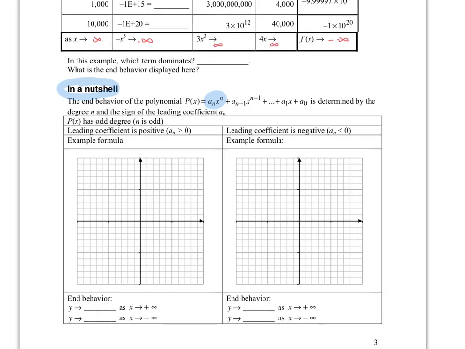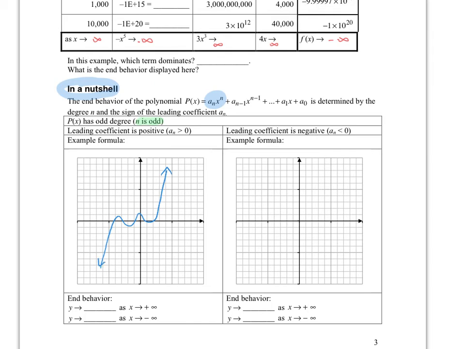If n is odd, so that's the first part you should check. If n is odd, and if the leading coefficient is positive, then the graph is always going to look like this. It's going to start on the negative side. It can do something here, but then it has to end up like that if it is positive.